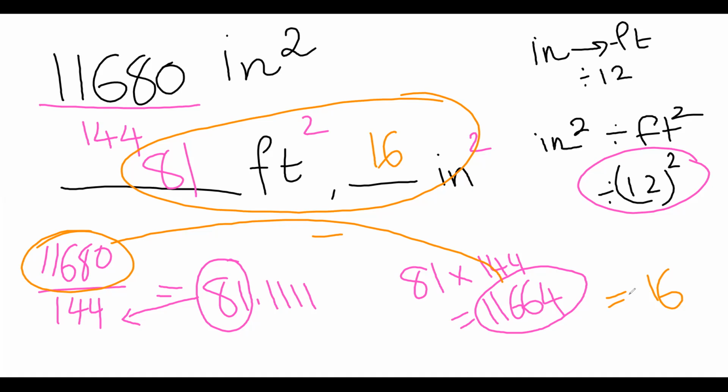If you multiply 82 by 144, you will get 11,808, which is greater than 11,680. But I mean, it's going to be 82 feet squared and 4 inches squared, because 16 inches is 1 foot and 4 inches.